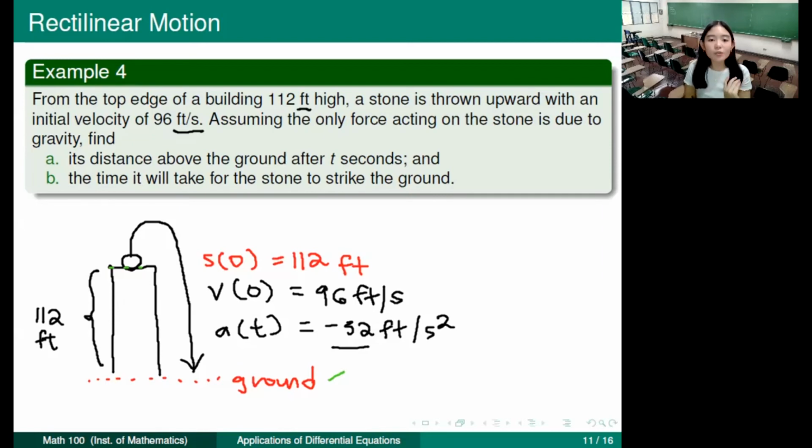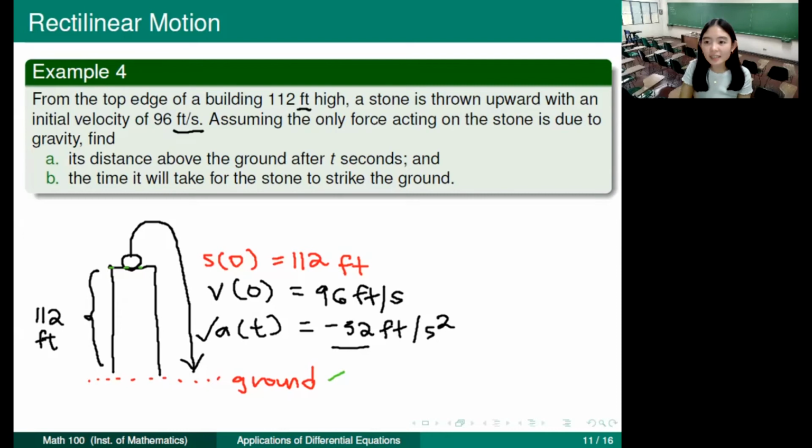Okay, let us now determine muna, letter A, okay, the distance of the stone above the ground after t seconds. Okay, so dito actually, hinihingi lang sa atin yung position function, in fact. So, yun, hahanapin lang natin ang ating S of t na makukuha natin mula kay A of t lamang.